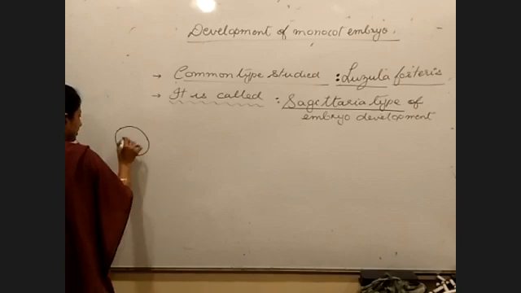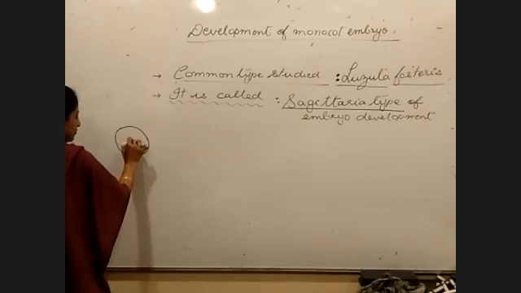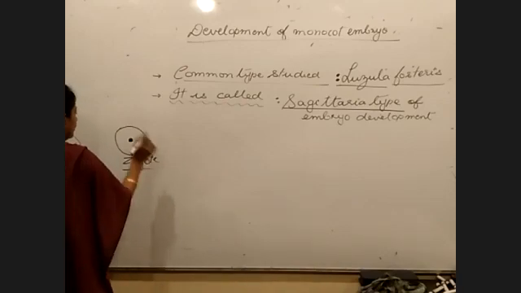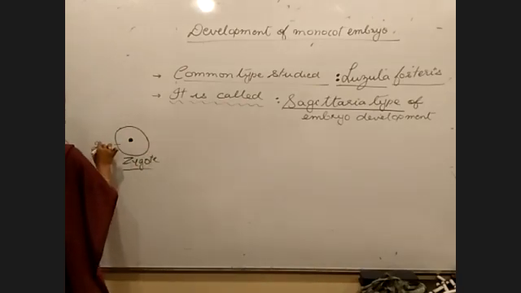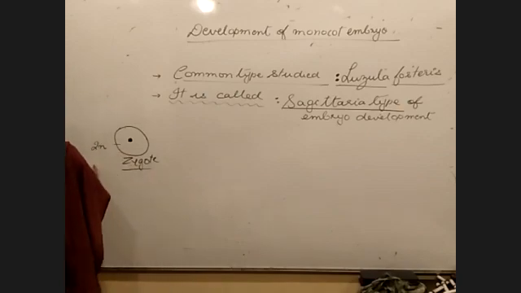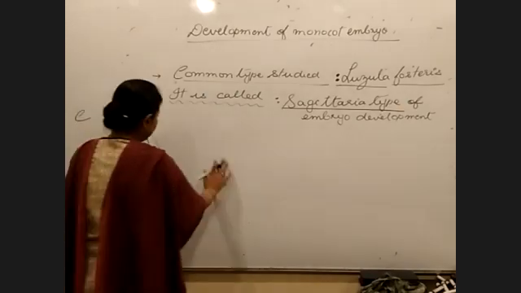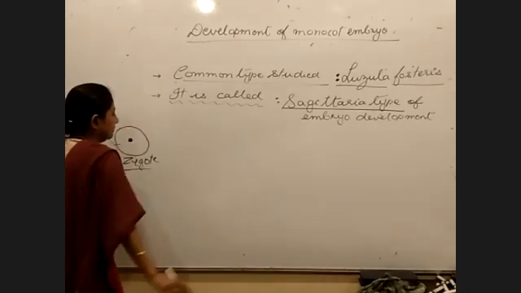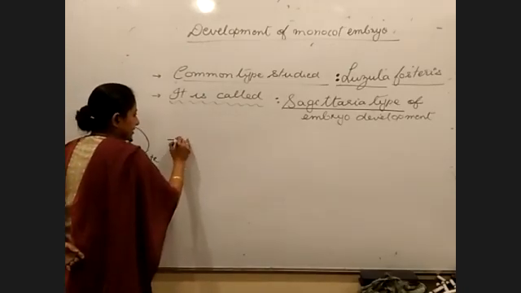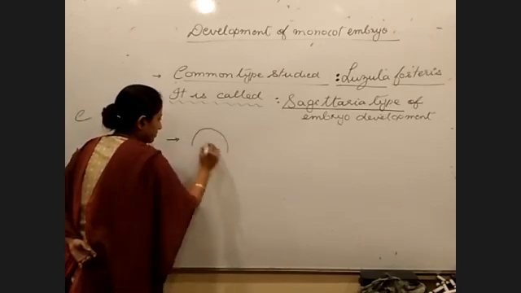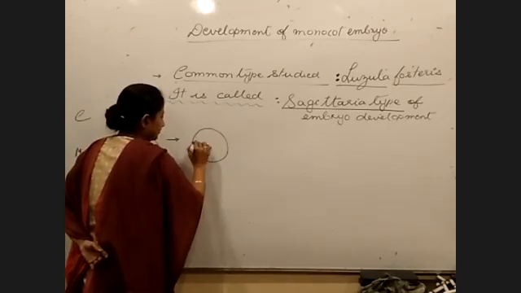So since we are talking about the embryo, obviously we'll start from the zygote. Talking about the embryo, we have to consider the micropylar area and the chalazal area of the ovule, right? This is not a very complicated diagram.